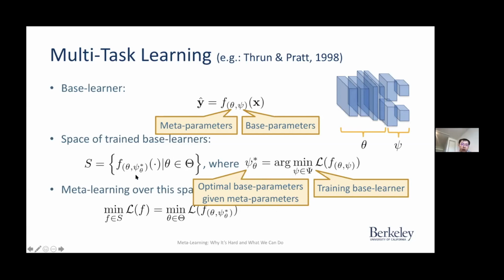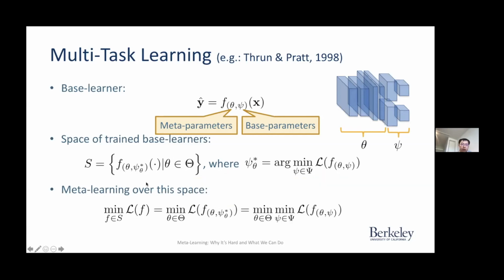So the different base learners we consider are the different models where the base parameters are already trained on the task at hand, and the only thing that varies is the meta parameters. We learn over this space.